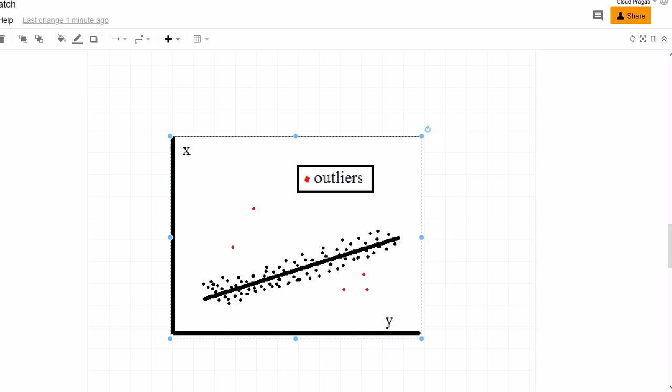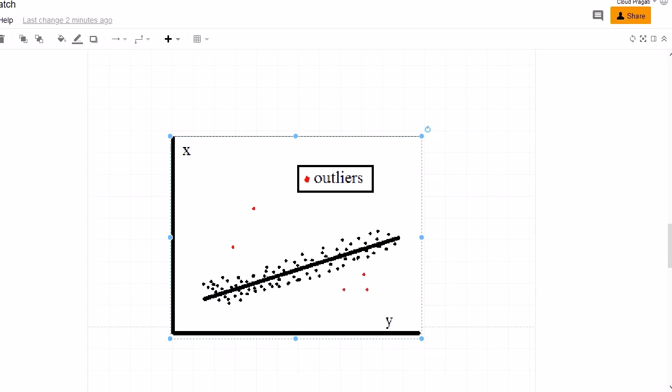So the rule of thumb is that any observation which belongs to the outlier category, we should remove from the data set, and then perform the data analysis, and then the predictive analysis. Because if we feed outlier data to the predictive model, it will give us the wrong result. That's the reason we have to perform the data analysis to identify the outliers.